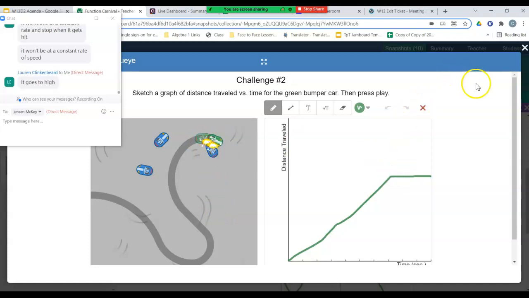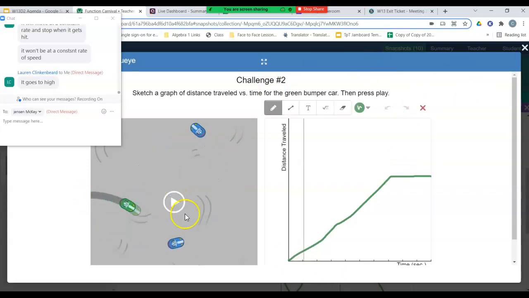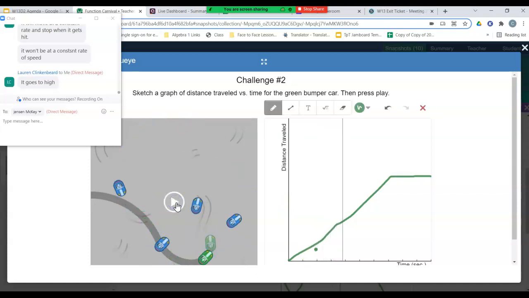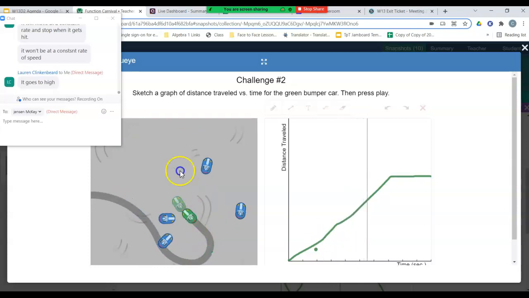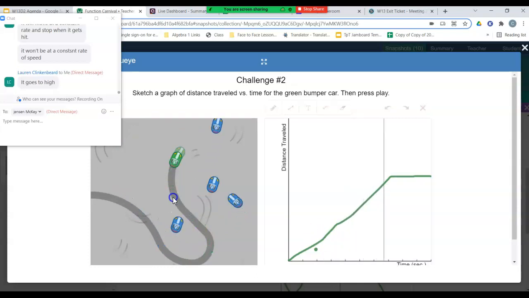Okay. One way to make this graph a little more precise is to do what Florence was doing, and that is to periodically stop it. I think that's what Florence was doing, and put a dot there. Oops. Stop. It's easier when you don't already have a graph on there.